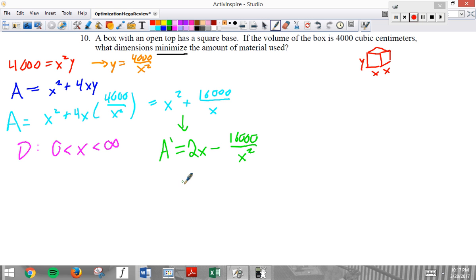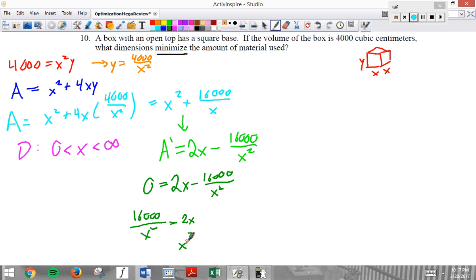We want to set a prime equals 0. 0 equals 2x minus 16,000 over x squared. 16,000 over x squared equals 2x.